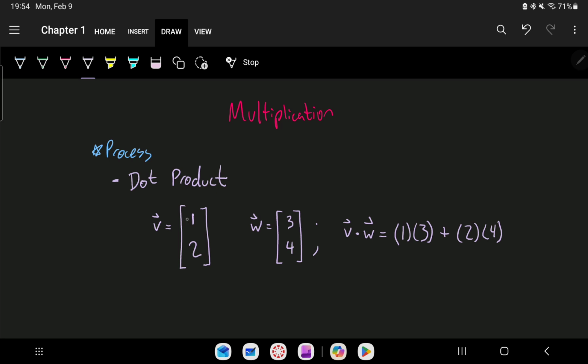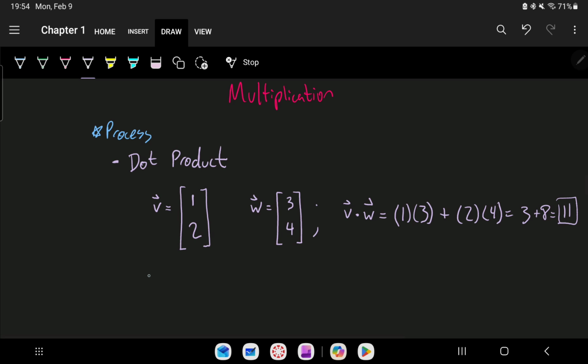I just took 1 times 3 because those are both the first components, and then 2 times 4, which is both the second components. And that's going to equal 3 plus 8, which is 11. So that 11 is my answer, right? Note that the result is a scalar, a non-vector number.